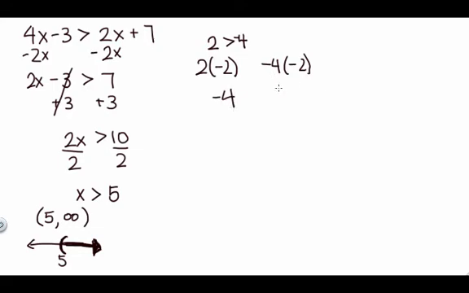Negative 4 times negative 2 is positive 8. Before we started, we had 2 is greater than negative 4. But once you multiply by a negative, the sign change happens. Whatever was positive is negative, and whatever was negative now becomes positive. That's why you have to switch the sign when you multiply or divide by a negative value, because it's going to change the direction.